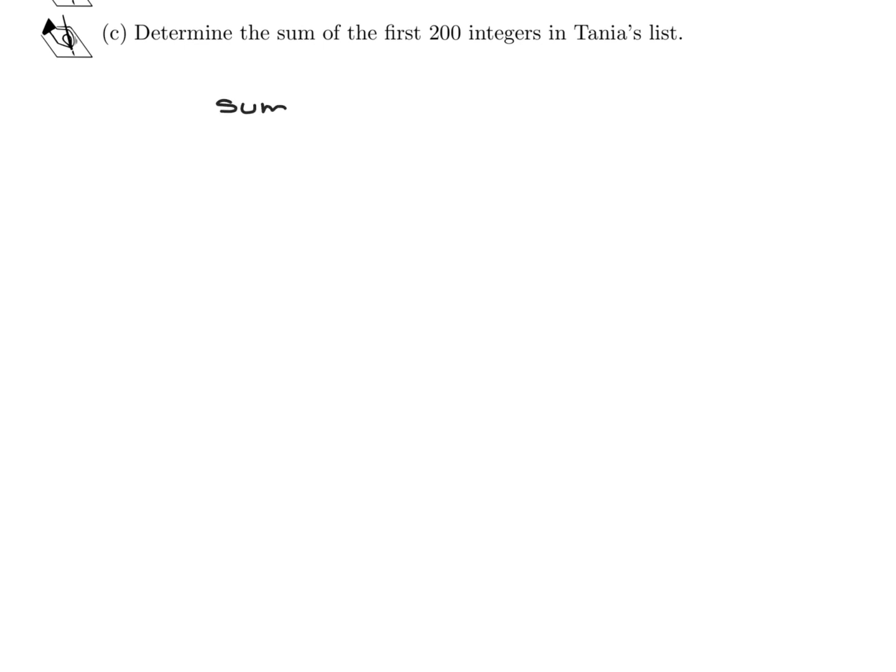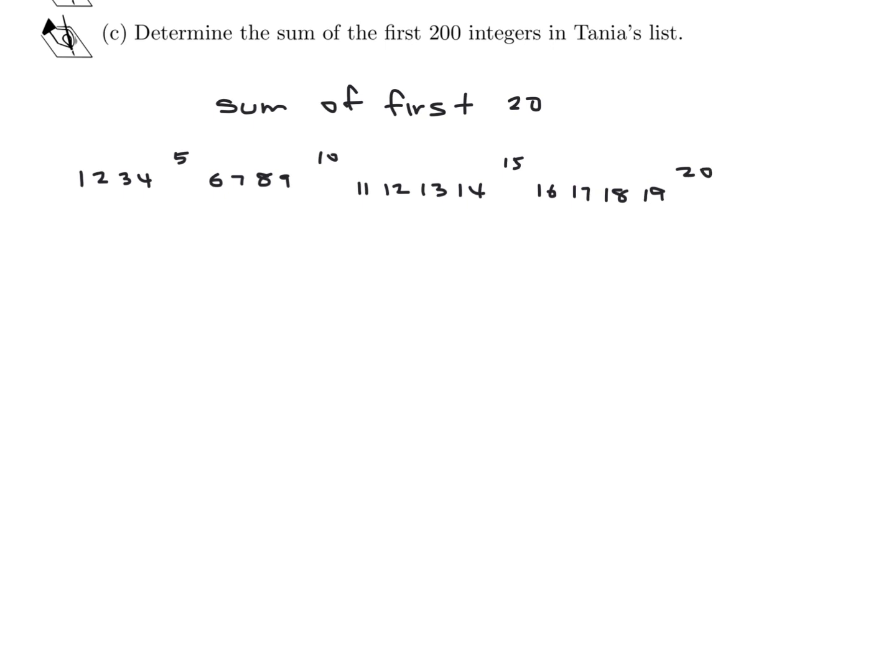Instead of the first 200, let's say I said, find the sum of the first 20 numbers. 1, 2, 3, 4, leave out the 5. 6, 7, 8, 9, leave out the 10. 11, 12, 13, 14, leave out the 15. 16, 17, 18, 19, leave out the 20. 21, 22, 23, 24. Is that the first 20? 4, 8, 12, 16, 20. Yes, it is.